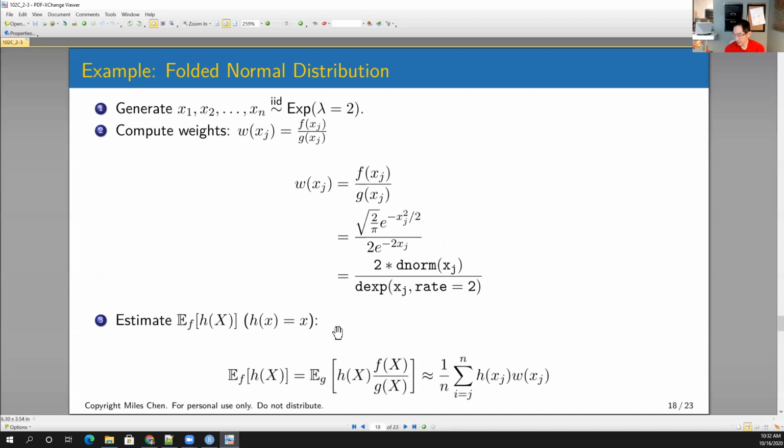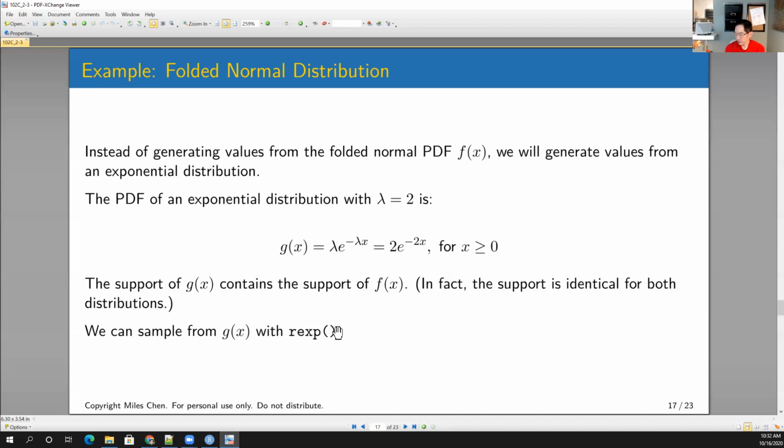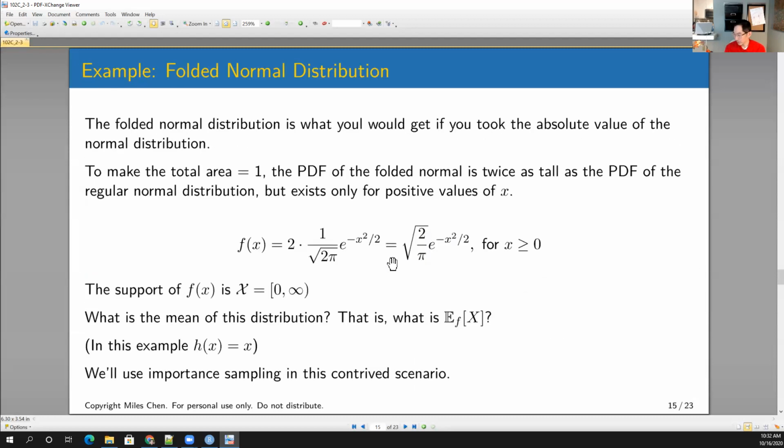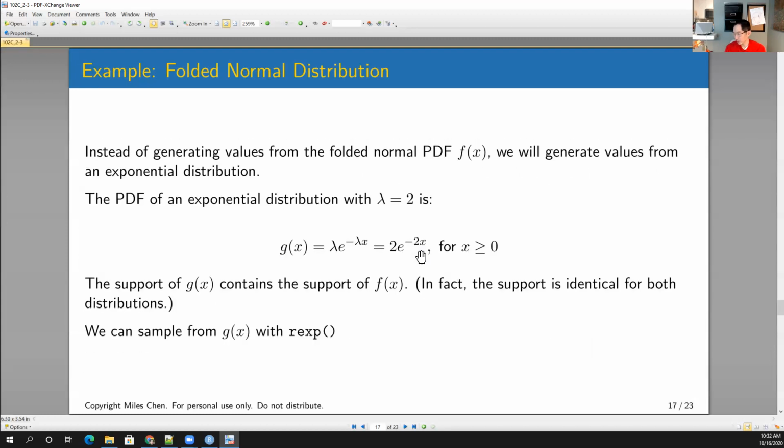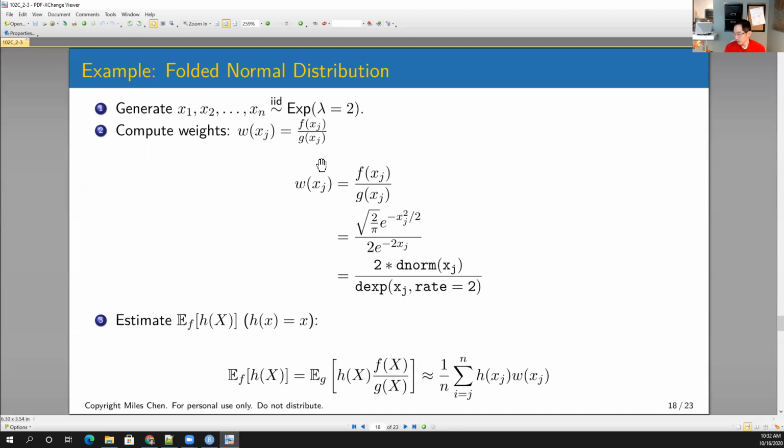All right, so we've got the exponential density that we are able to generate from, and this is the density that we're going to pretend that we can't generate from, f of x. So we're going to generate values from the exponential, and then the weights are going to be f divided by g.